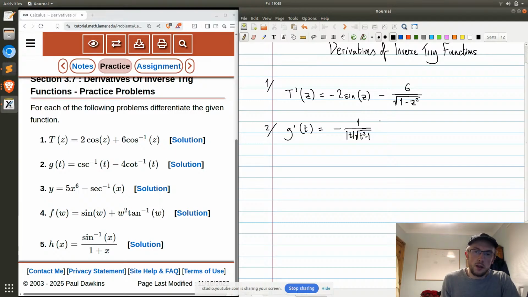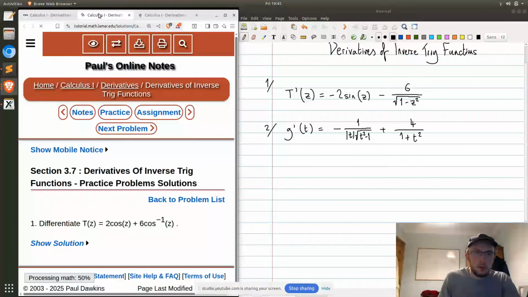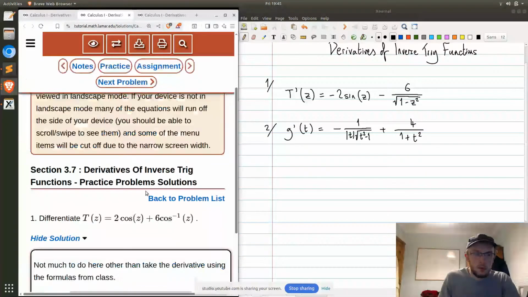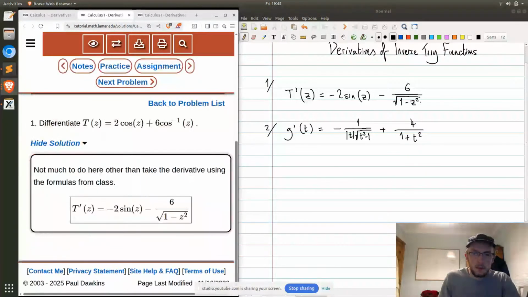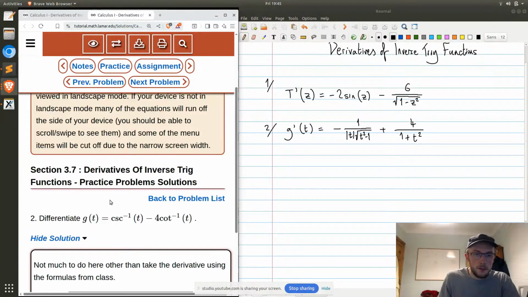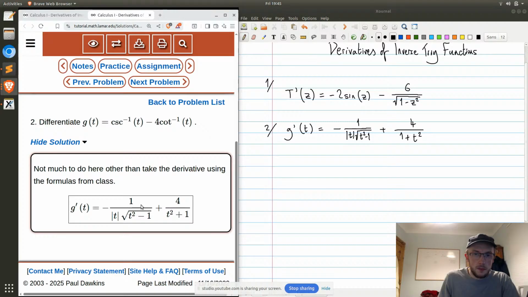Let's see, cot. So it would be a plus 4 here over that there. So we just check. That's correct.